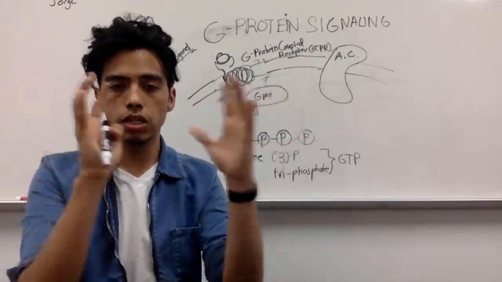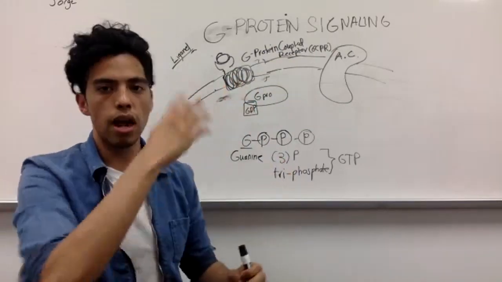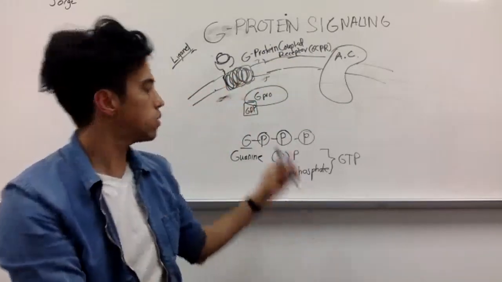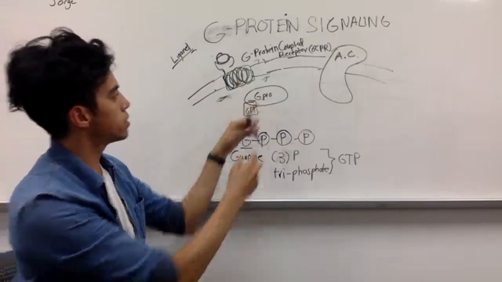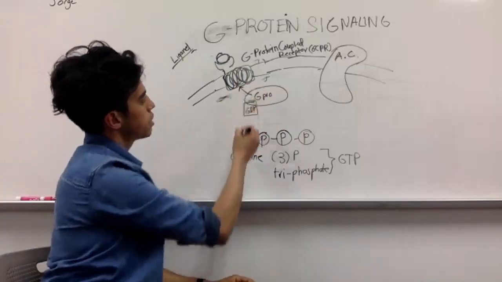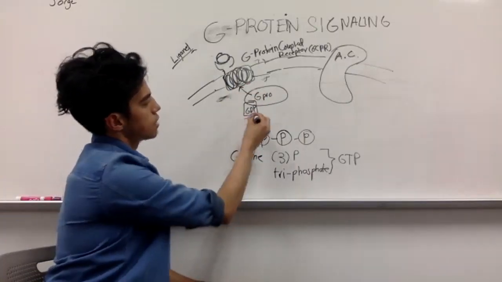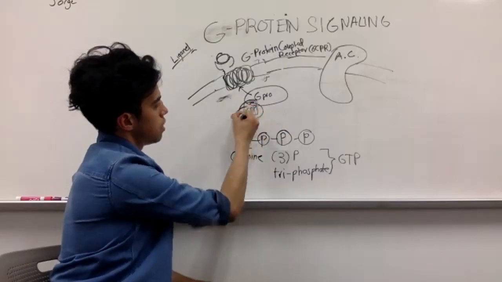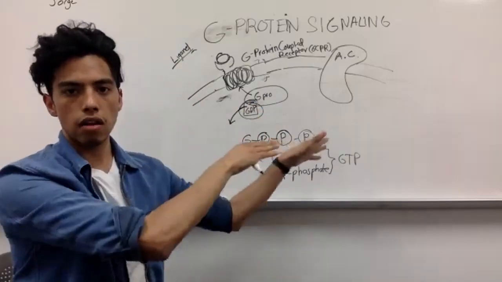And when it changes shape, that causes a reaction to follow. That reaction is that the G protein is going to come here, and it's going to replace this GDP. It's going to kick it out of the molecule.